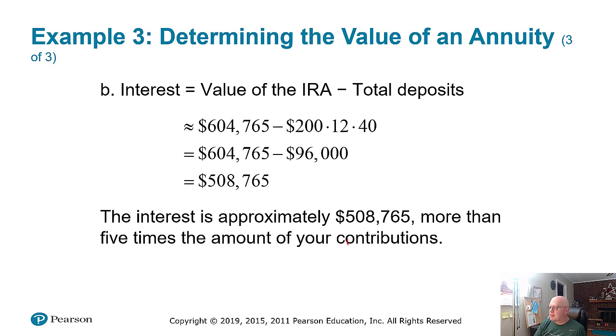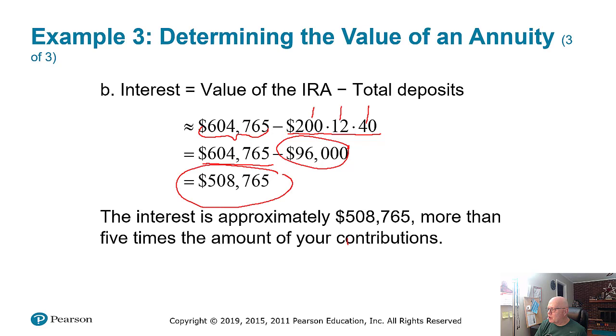How about the interest? Well, this is what the value of your annuity is. And this is how much you actually put into your annuity. $200, 12 times a year, 40 years. $96,000 is what you put in. And you got out $604,765.